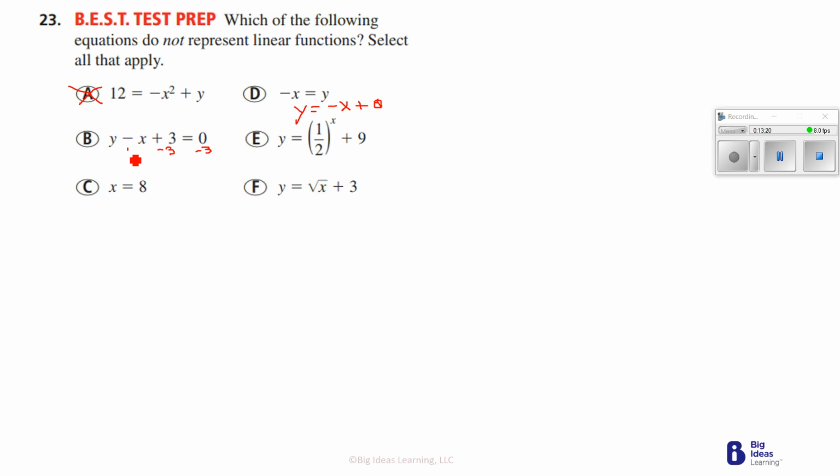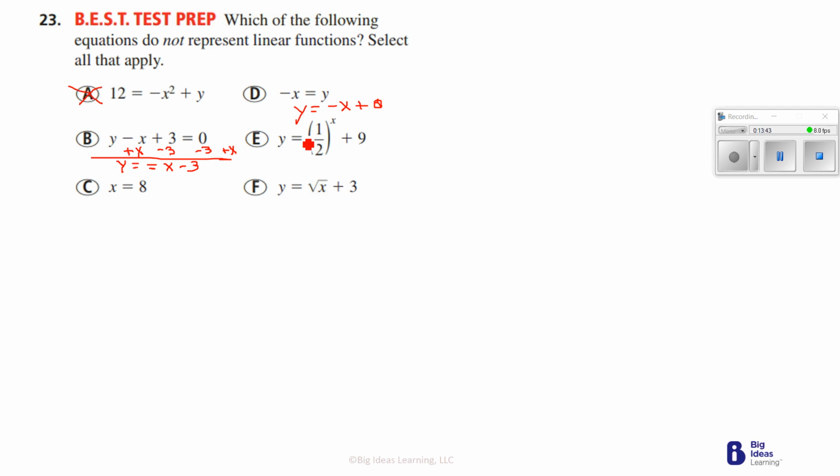We're also going to add x to both sides. And if we do this, y will remain over here, and we're adding x over here. So this will equal the x, and then 0 minus 3 is negative 3. This is a linear function.